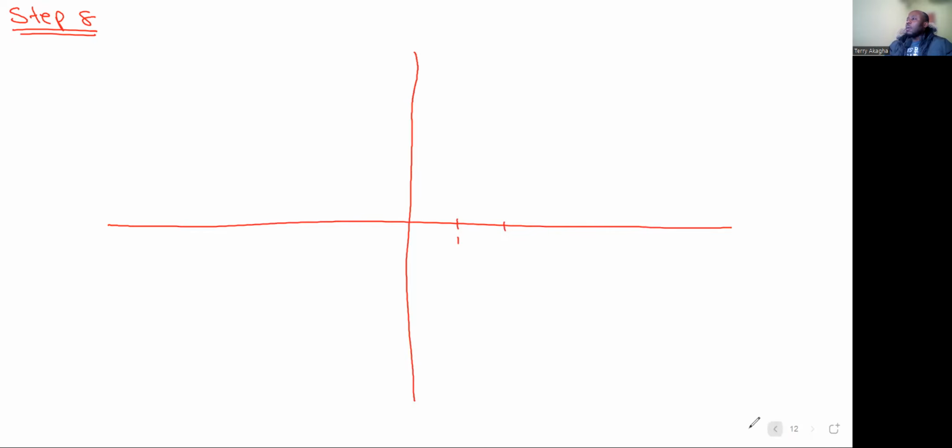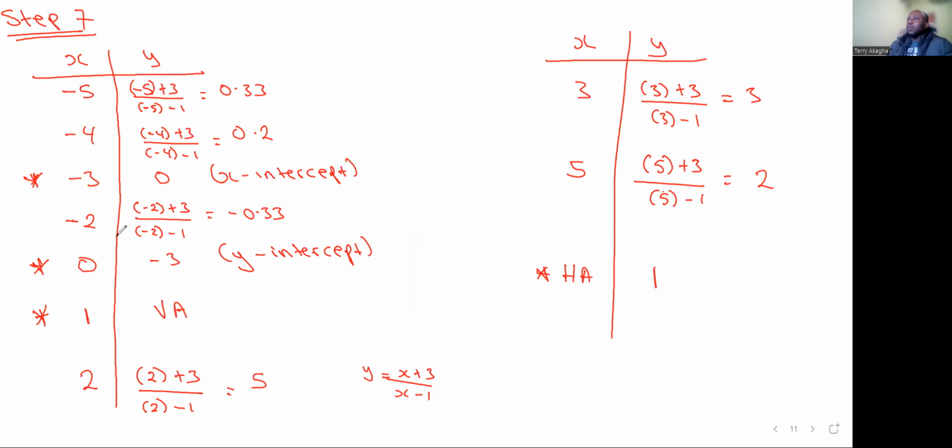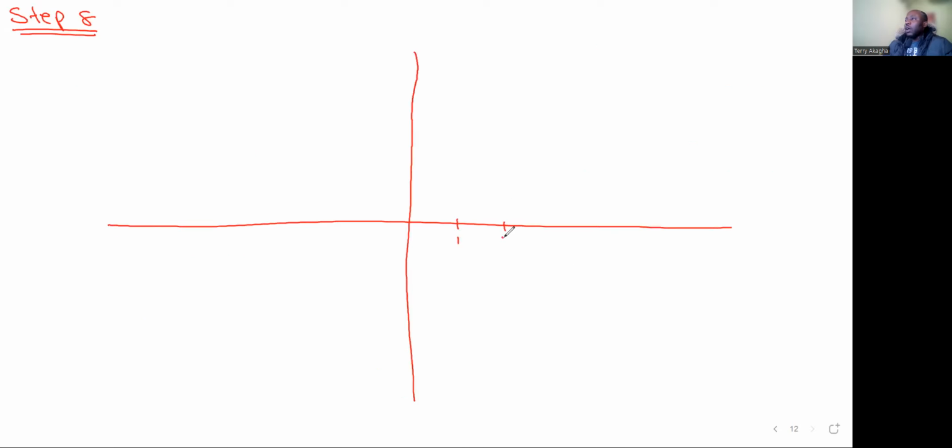So the maximum value for x we have is from -5 to 5. So we can have 1, 2, 3, 4, 5, 6. Okay, that's for the x. And we can then have -1, -2, -3, -4, -5, and -6.